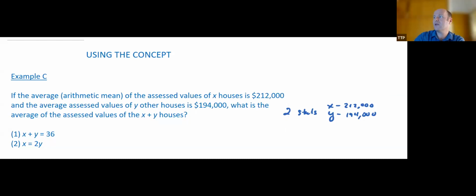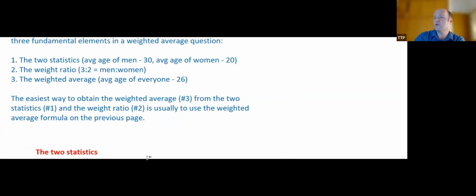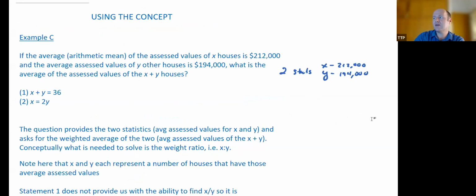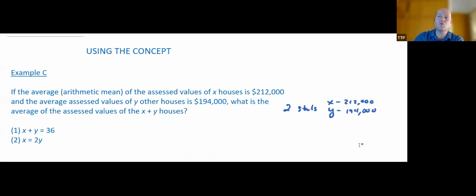Remember what we said we needed in order to find the weighted average. We needed the two stats and the weight ratio, and then we could use the formula. And that's the punchline here: we need the ratio, which statement 2 gives us, right?